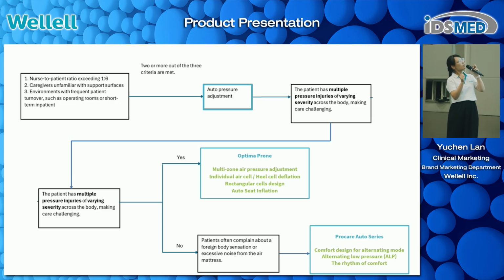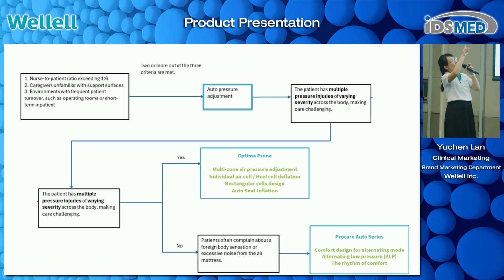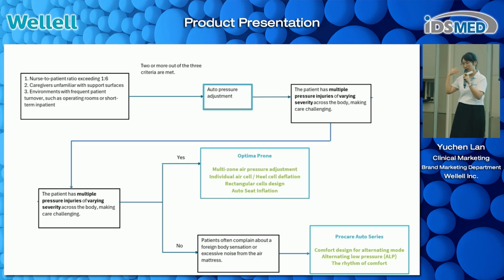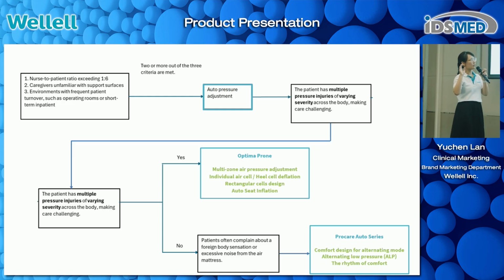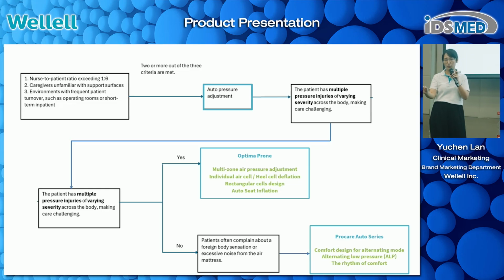Okay, and after the auto pressure adjustment, then we can think about the patient's needs. If the patient already has multiple pressure injury wounds, which means they need a better pressure redistribution product, then we could consider the mattress with the multi-zone pressure redistributing part and also the individual air cells.